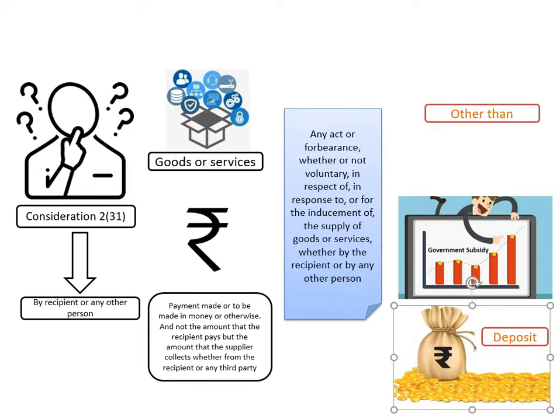But it will form a part of consideration only if the deposit, whether refundable or not, is given in respect of supply of goods or service, unless the supplier applies the deposit as a consideration for the supply.